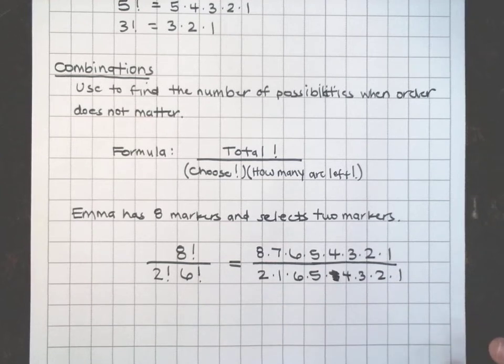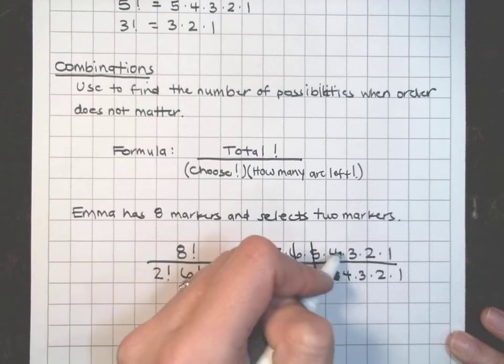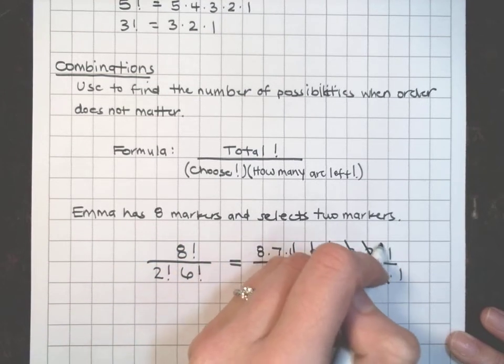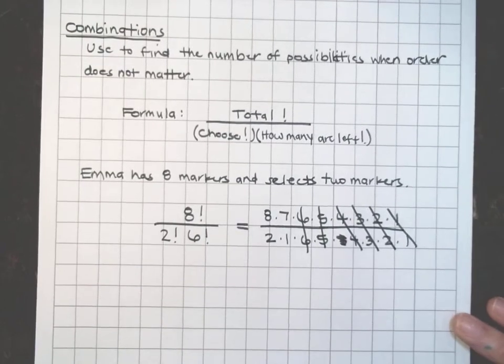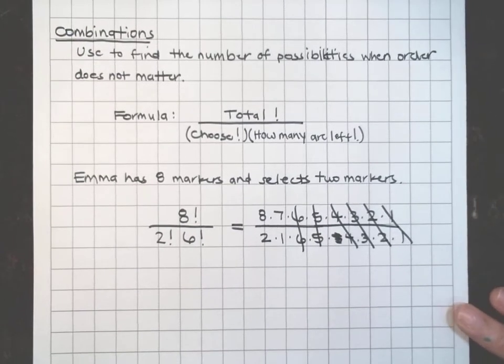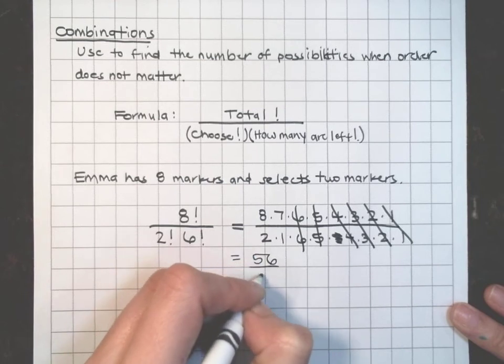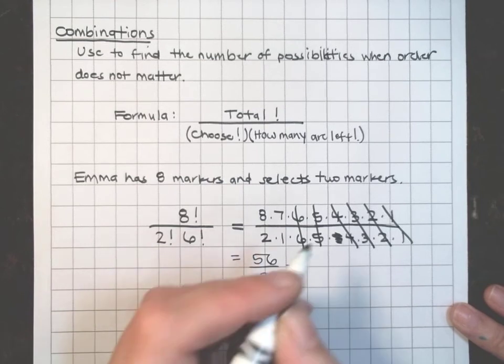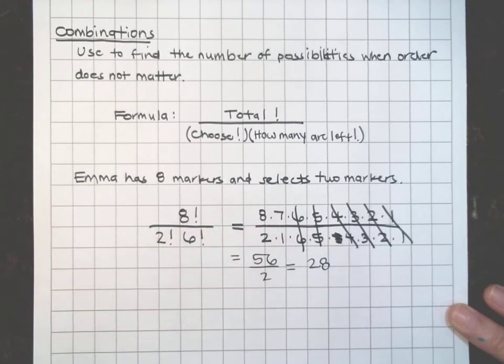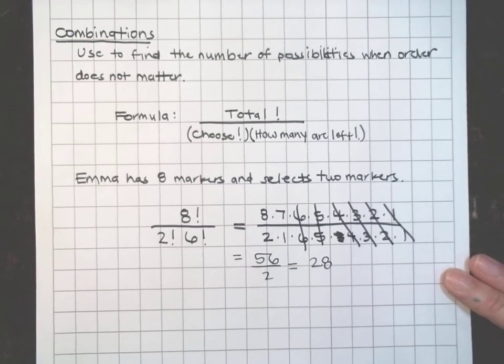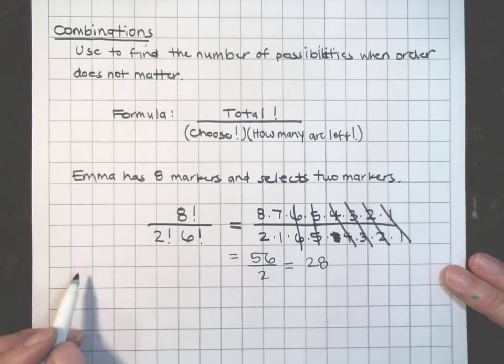And then we're going to need to cross off 1s to simplify. So our 6s, 5s, 4s, 3s, 2s, 1s all cancel each other out, which leaves us with 7 times 8, which is 56, divided by 2, which is 28. So there are 28 combinations of markers Emma can choose.